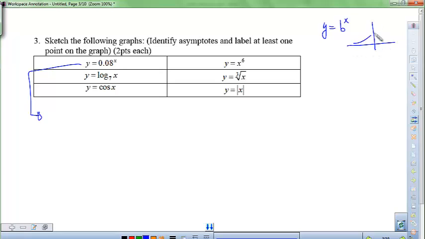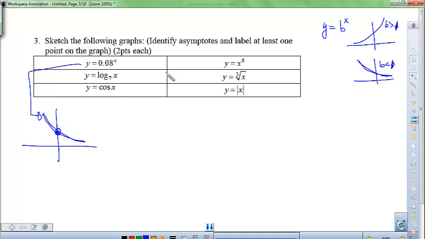There are 2 graphs. It either would be going up or going down, depending on what b is. Here, this is b bigger than 1, and here it would be an exponential decay, b less than 1. So we have a case where b is less than 1, so our graph would look like this.